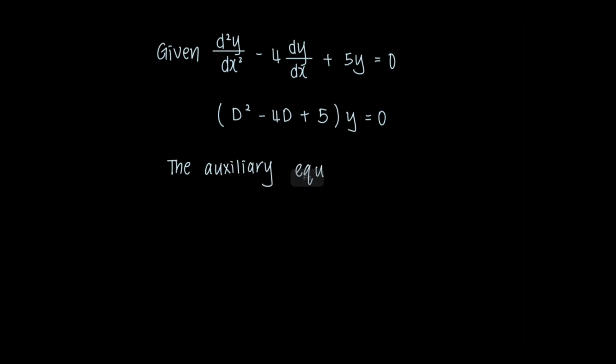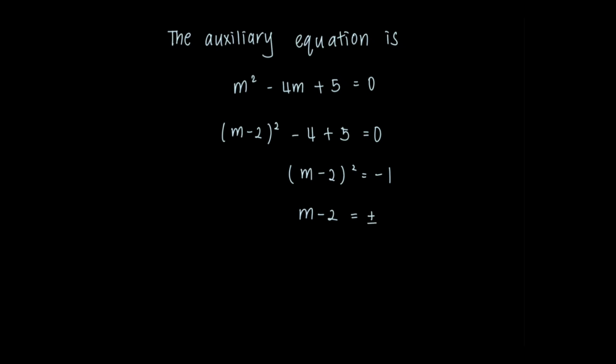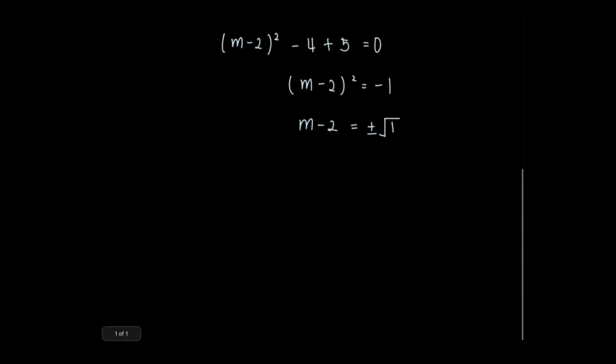The auxiliary equation is m squared minus 4m plus 5 is equal to 0. After that, we can use completing the square to solve the equation. After solving by completing the square, we get m minus 2 is equal to plus minus square root of -1. And the final answer will be m is equal to 2 plus minus i.